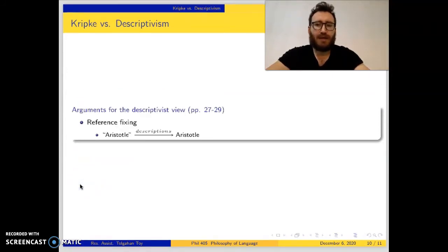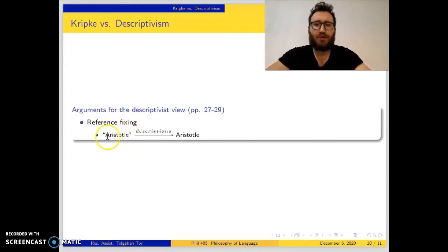Kripke argues against the descriptivist theory of names, the Frege-Russell theory of names. But before arguing against it, he first mentions several advantages of this view. The first one is reference fixing.